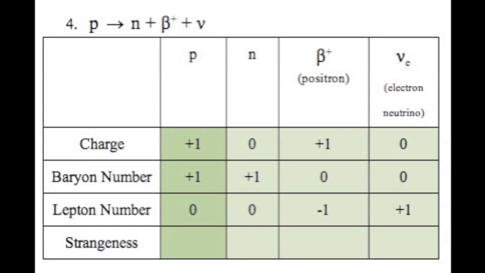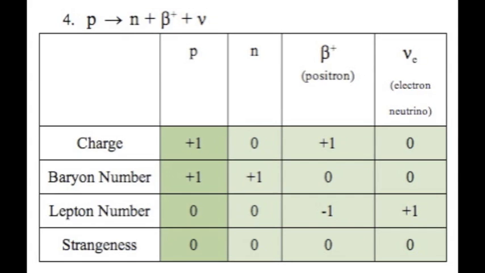And then for the positron, it has a lepton number of negative 1 because it's an anti-electron. And then the electron neutrino has a lepton number of positive 1. So then negative 1 plus positive 1, 0.